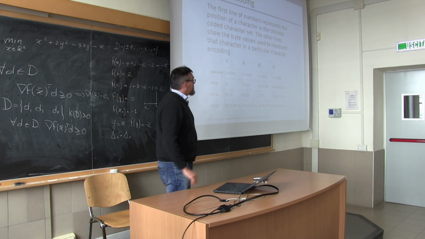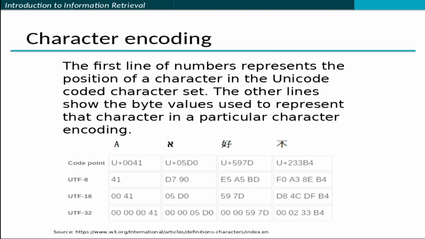Just a quick reminder, what is character encoding? It is the way through which you encode characters in the documents. As you see, as an example, those are different characters. And in Unicode, those characters are sorted. So the number 41 is the capital A. The number 5D0 is this symbol. Actually, I don't know what symbol it is.